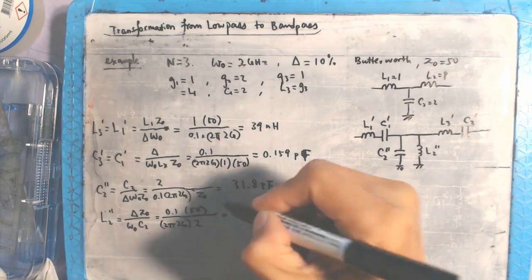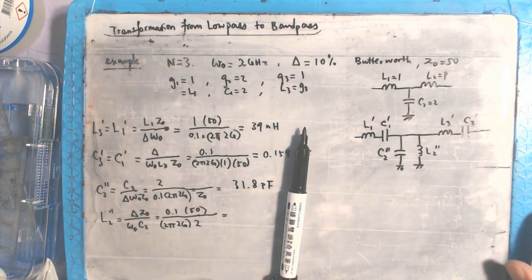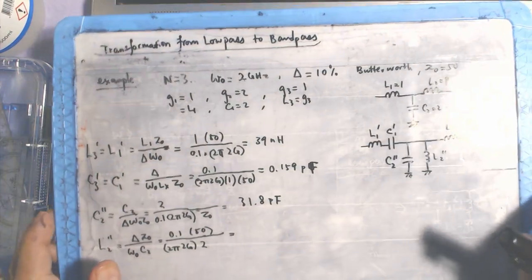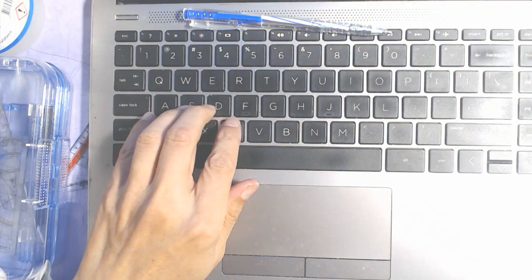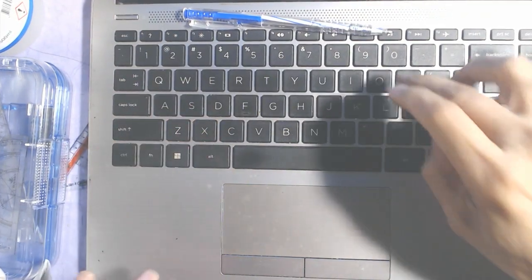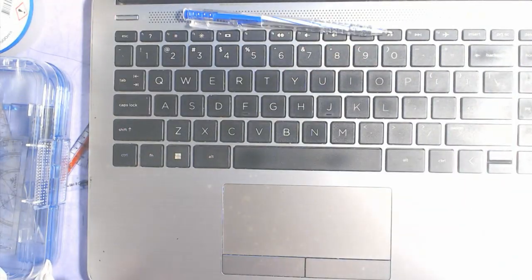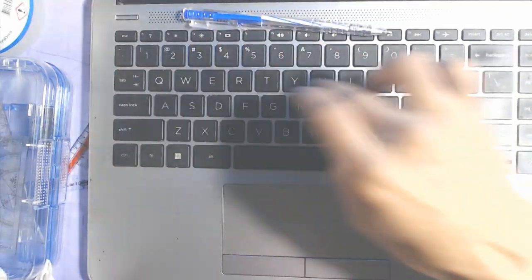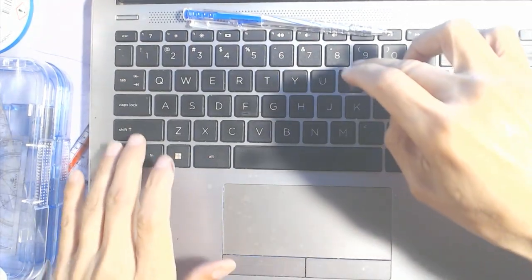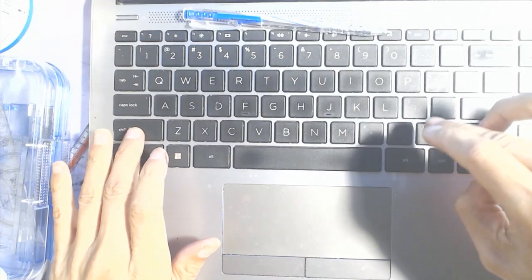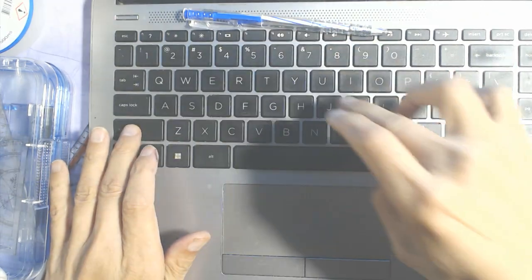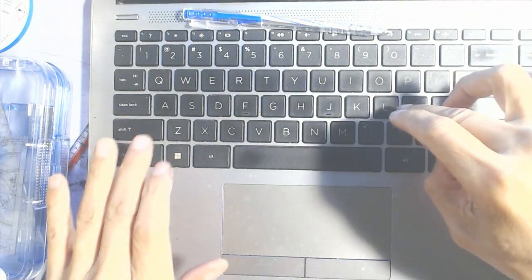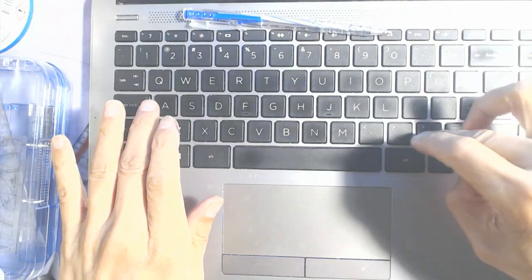I hope this will make sense. Again, I need to use the keyboard. 0.1 times 50 divided by 2 and divided by 2 divided by pi and then divided by 2 giga.